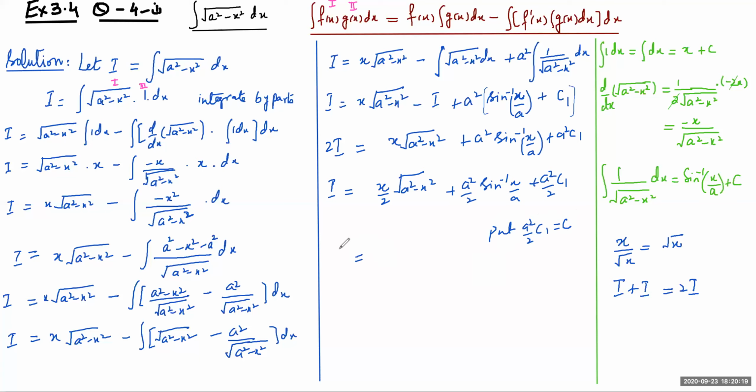The answer will be x by 2 into square root of a square minus x square plus a square by 2 sine inverse x by a plus a constant of integration. And that completes the result, and this is our answer.